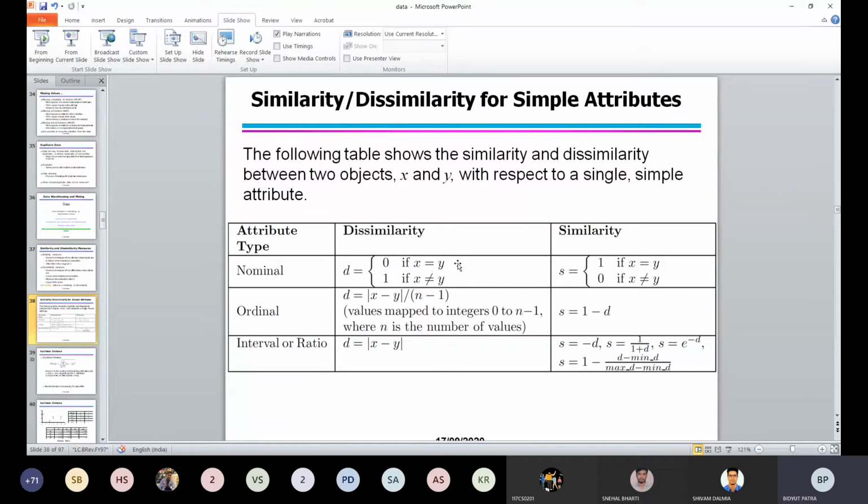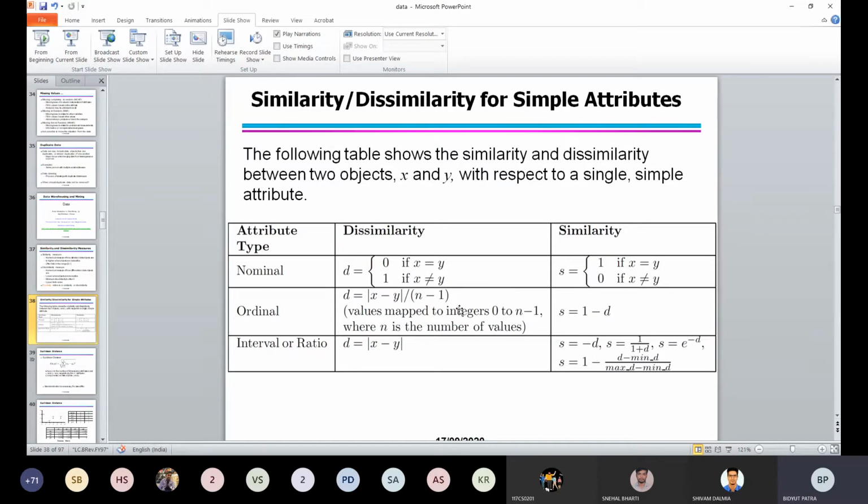Two objects will have two values of the same attribute, and if the value of the attribute is the same, x and y both the same, then the dissimilarity value is 0, whereas similarity is maximum. Similarly, if both are not the same, for example if you compute the dissimilarity between red and yellow, they are not the same, so the dissimilarity value is 1, and on the other side the similarity value will be 0.